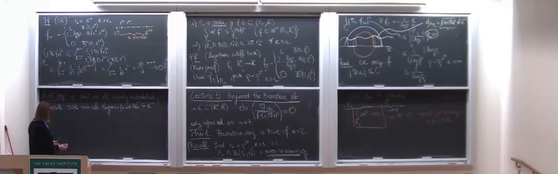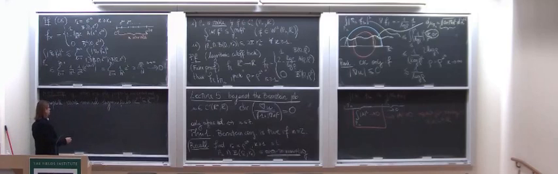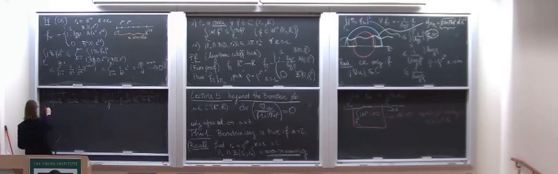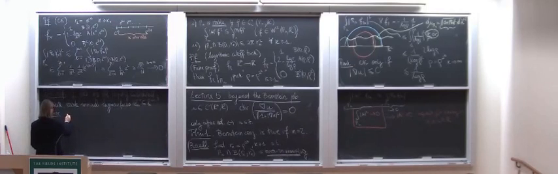That's what is reasonable to expect. So what is the answer to this question? The answer is that if n equals 2, so if we are in R^3, then the expectation is correct. You get only affine functions.